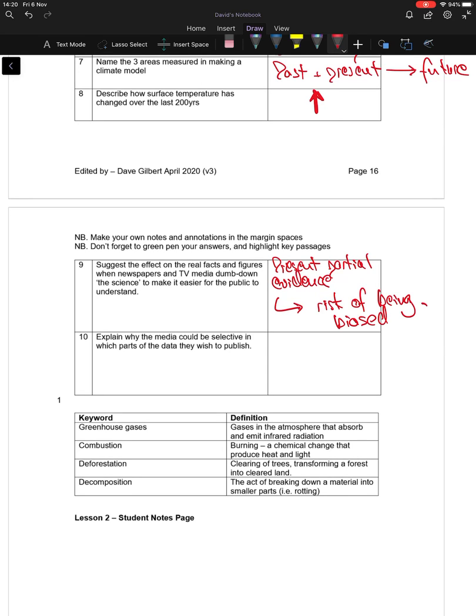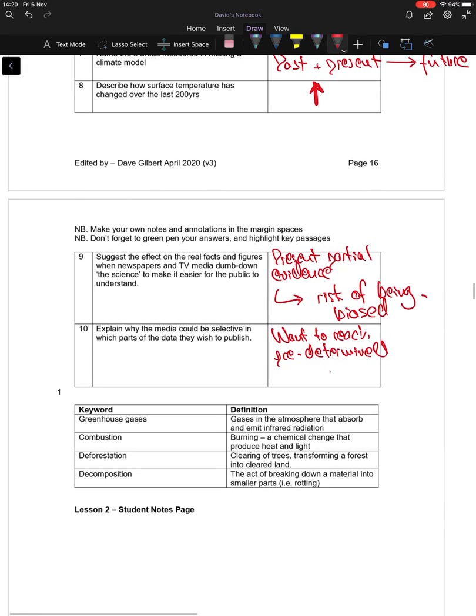Explain why the media could be selective in which parts of the data they choose to publish. They may only choose certain parts of data to publish because they want to reach a predetermined conclusion.